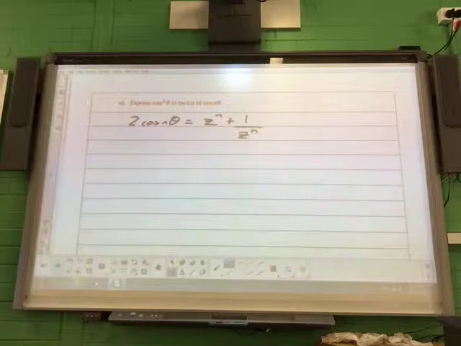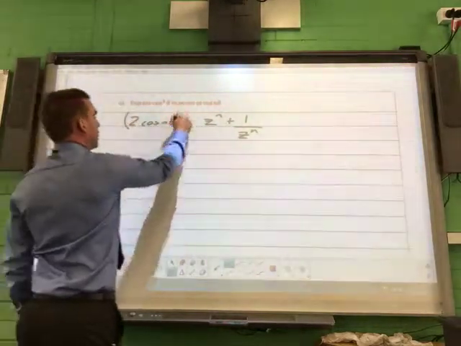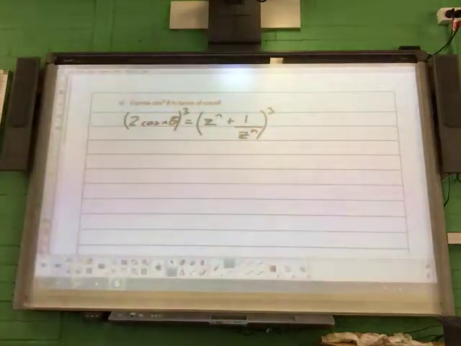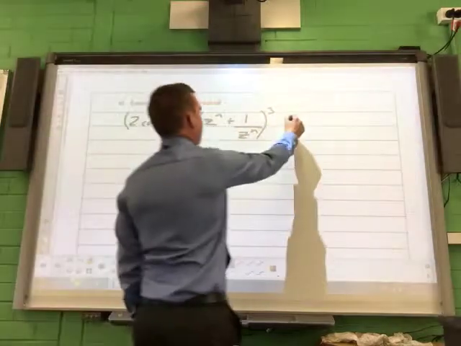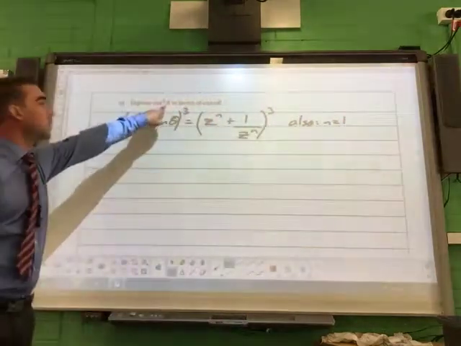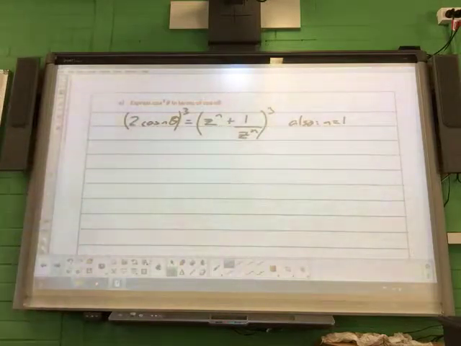Now, if I cube both sides, n is 1, because there's nothing in front of theta. So I'm going to set n is 1.